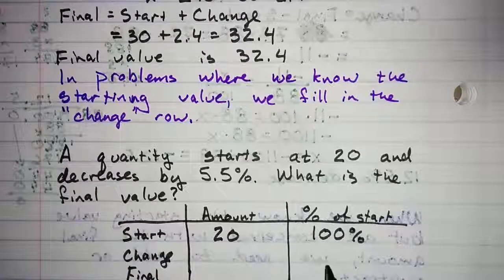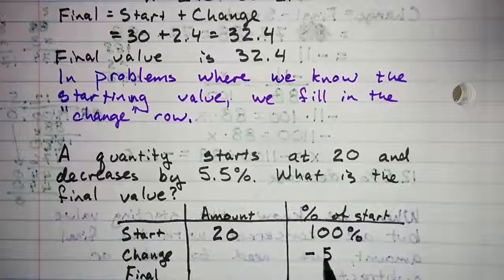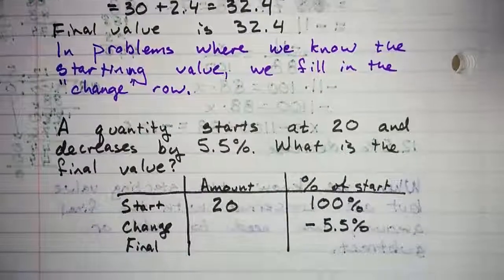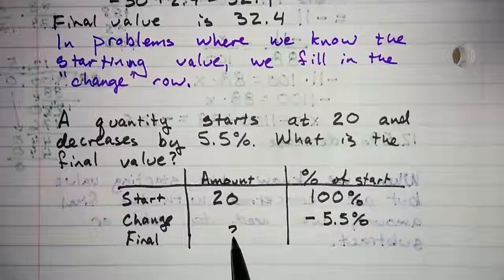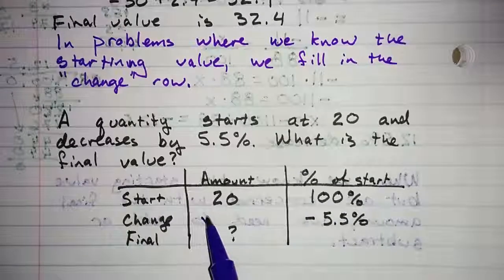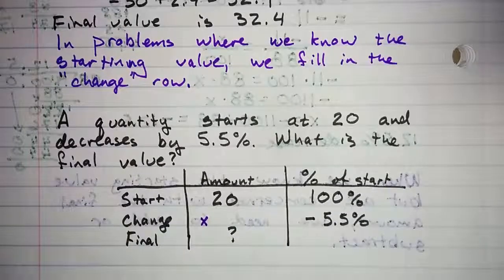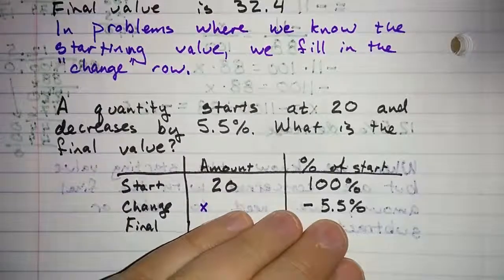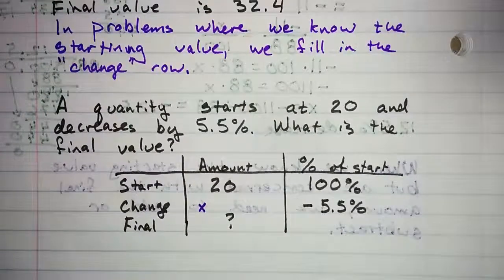About the change, we know that we have a negative 5.5% decrease. And the final amount is what we're looking for. So our strategy is going to be to fill in the change row. We're going to call the amount of change x. And then we can set up a percent proportion to find that.